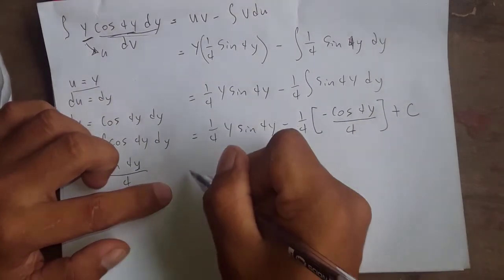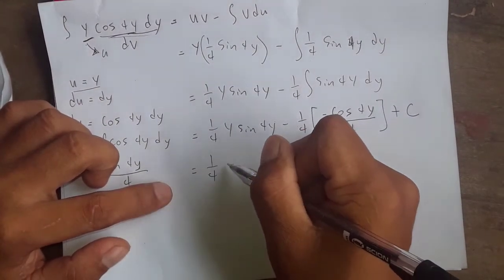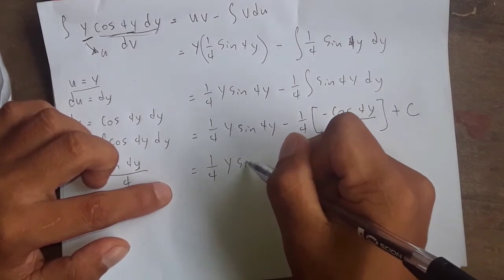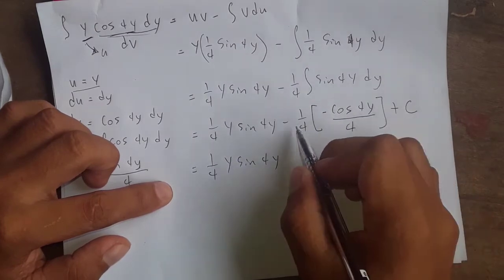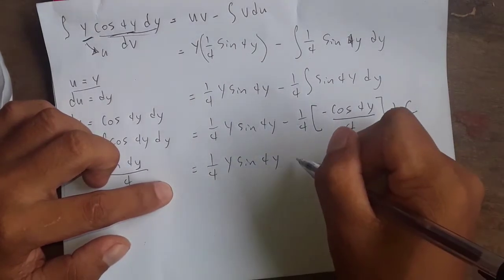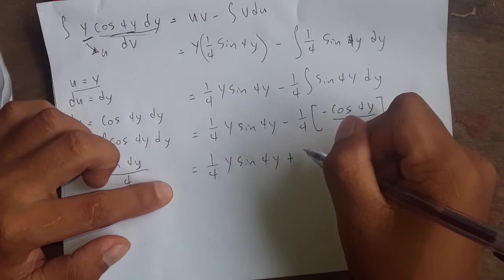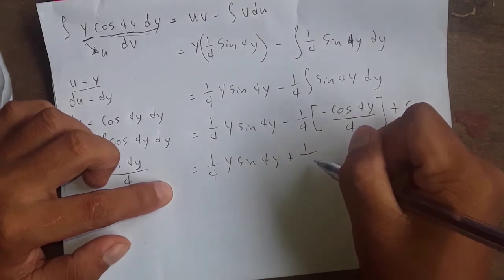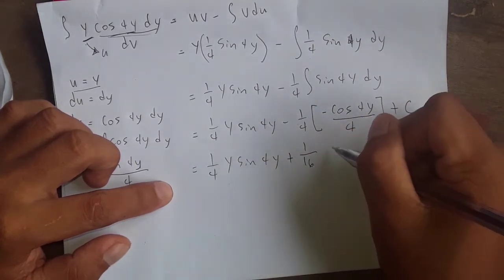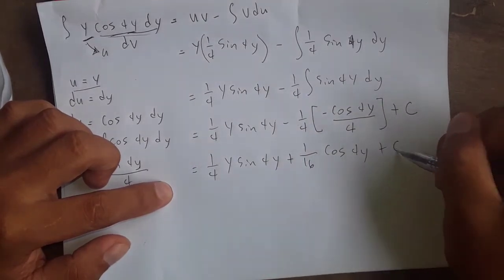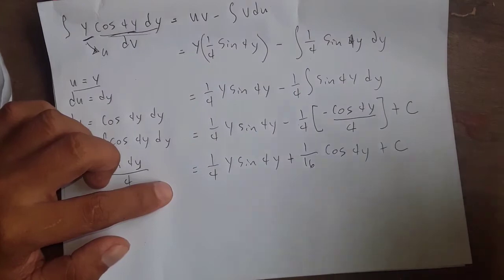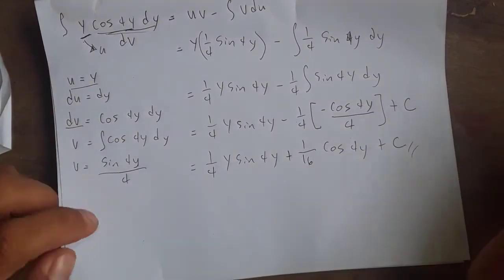So in simplifying, we have 1/4 here of y times sine of 4y. Then we have negative 1/4 inside and times the 1/4 outside, so we have positive 1 over 16 of cosine 4y, then plus an arbitrary constant. So that is our final answer.